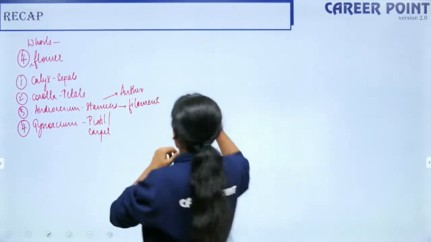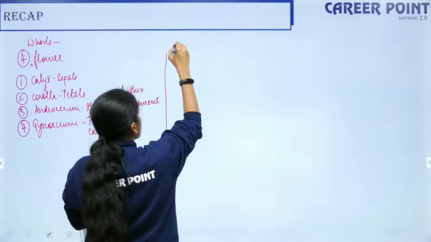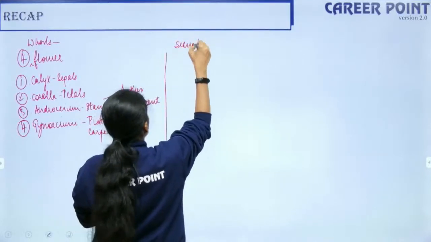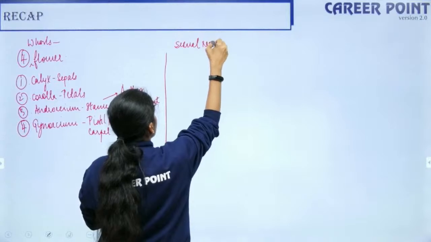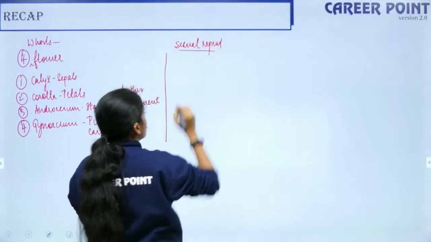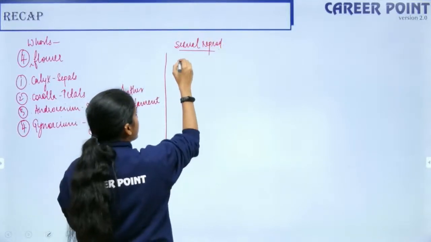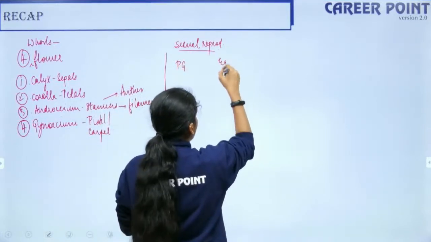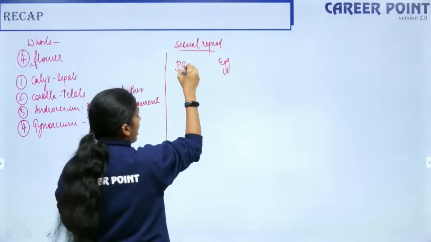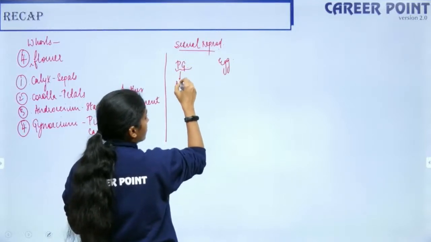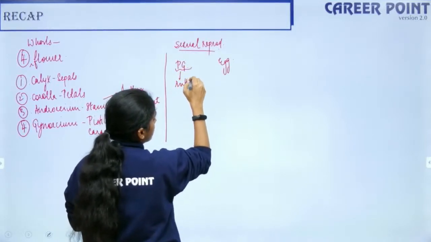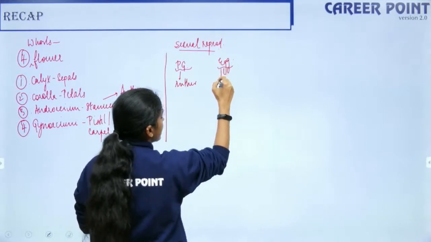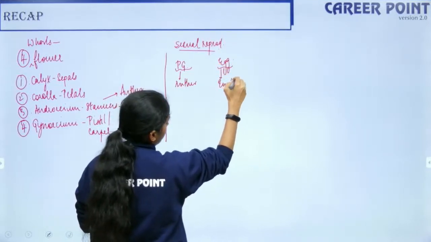Since we are talking about sexual reproduction, it involves the fusion of the male and the female gamete. The male gamete here is the pollen grain. The female gamete here is the egg. The pollen grain matures from the anther and the egg is present inside the embryo sac.